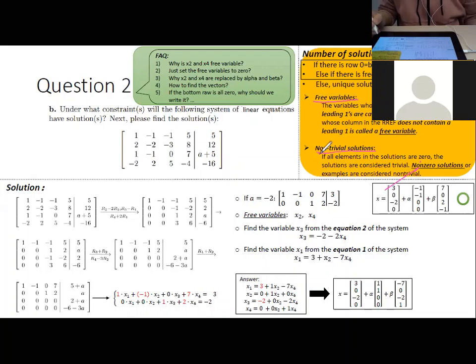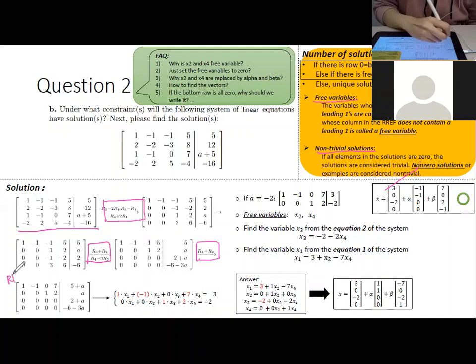Now we start by reading the question. Under what constraints will the following system of linear equations have solutions? Next, please find the solutions. Again, we start from the augmented matrix here, and we do the 3 basic operations of Gaussian elimination, and finally, we get the RREF.